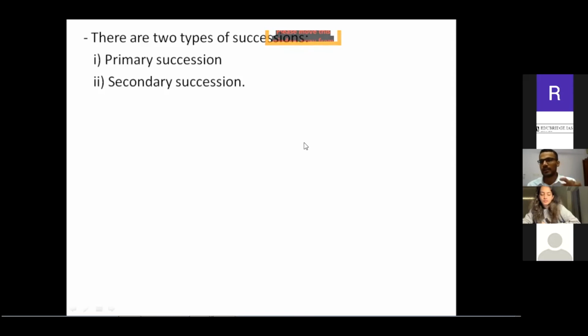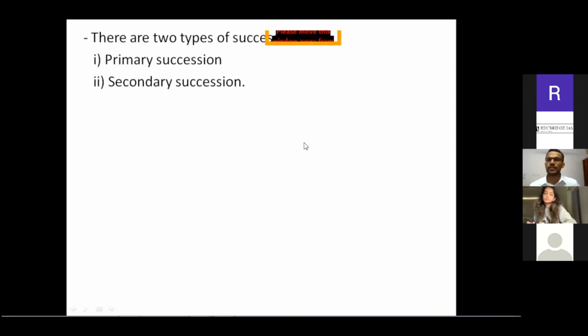But again, there are two more terms that are associated with succession. You can note down those terms. First, in a separate box you can write the first term, autogenic succession. AUTOGENIC, autogenic succession.